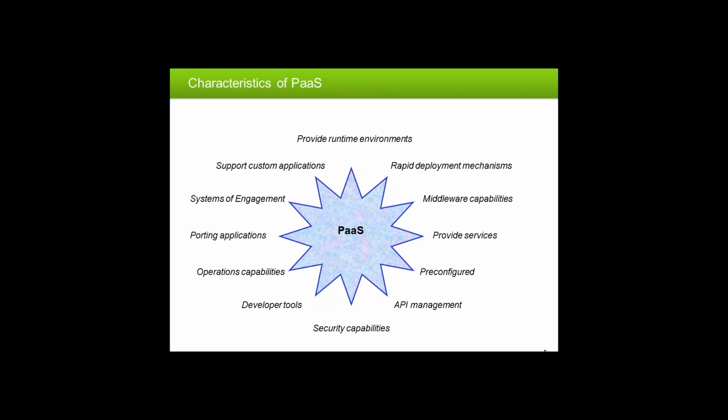So moving around clockwise from the top, the first important feature of a PaaS, it's going to have to support appropriate runtime environments for your applications. So we're talking about, say, the Java JDK if you're running a Java application, or the Node.js runtime if you're developing a Node.js application, or the PHP runtime if you're using PHP.